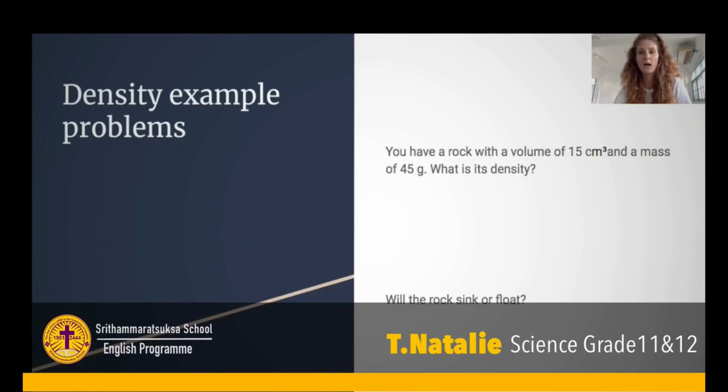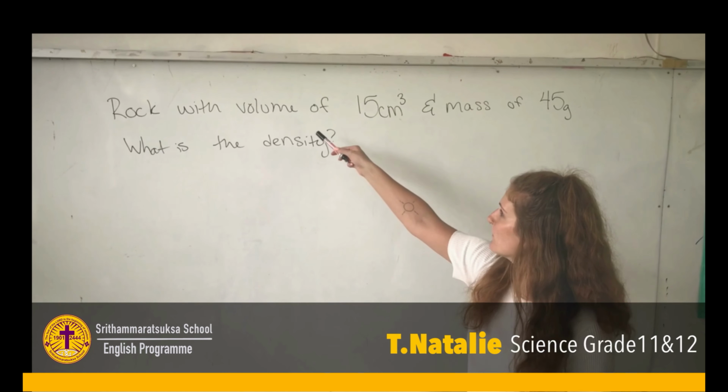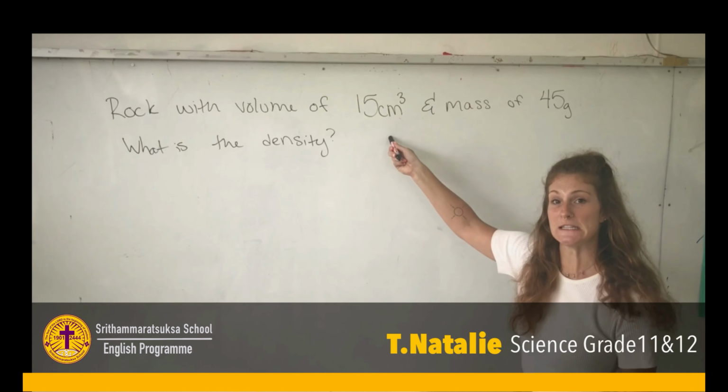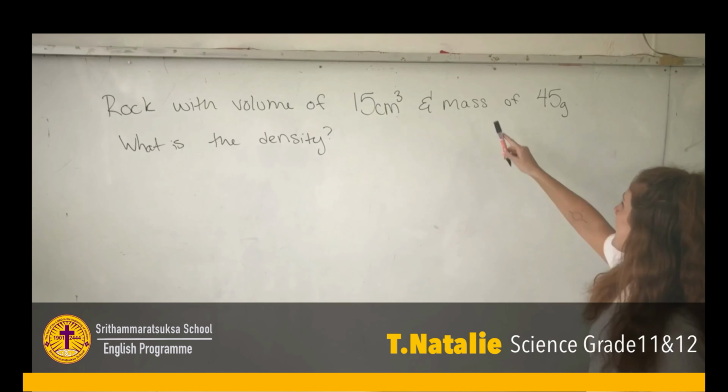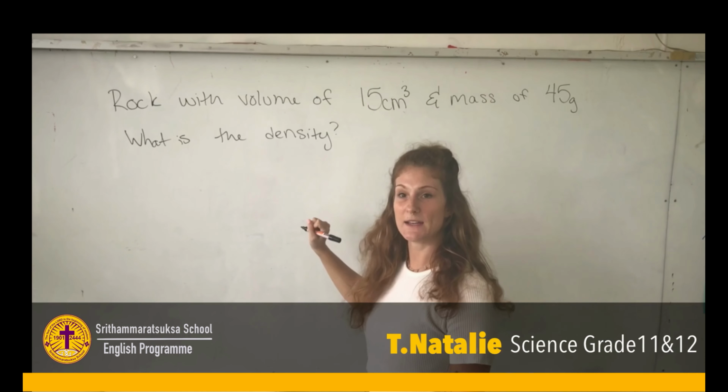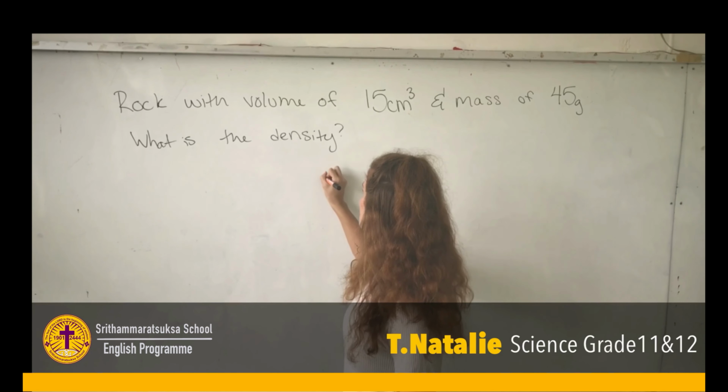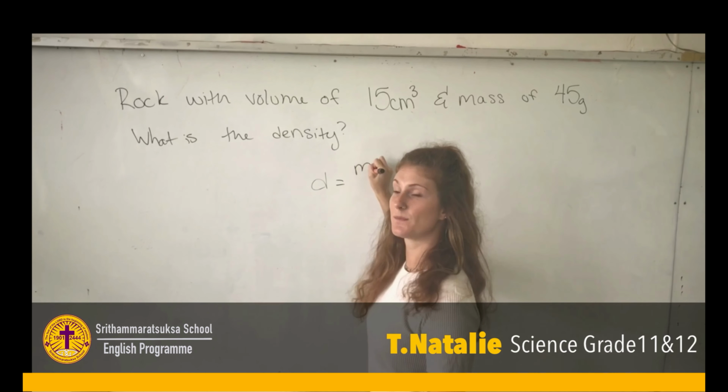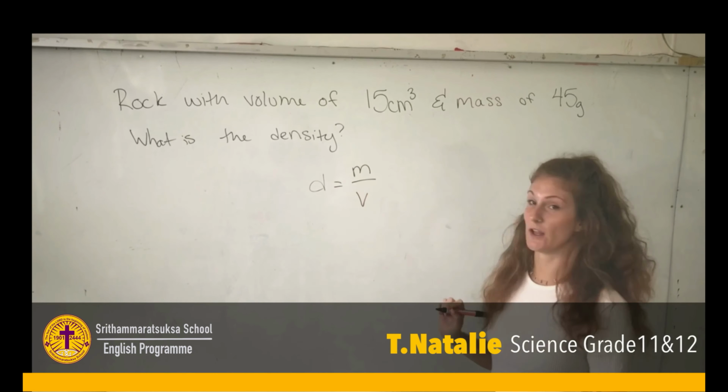If you have a rock that is 15 centimeters cubed and a mass of 45 grams, what is the density? Will the rock sink or float? We know that density equals mass over volume.